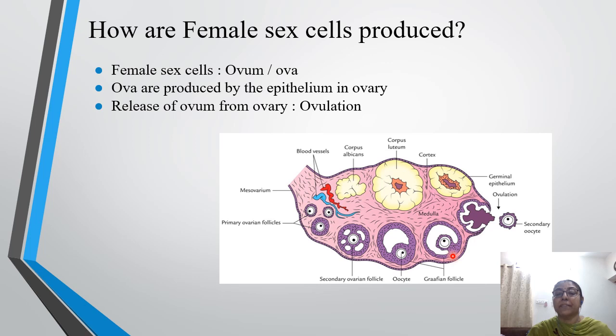Here you can see it becomes the Graafian follicle, the secondary ovarian follicle forming, and once the egg is released, it becomes a corpus luteum, which helps in the production of hormones for the formation of the endometrium inside the uterus, supporting fetal development.